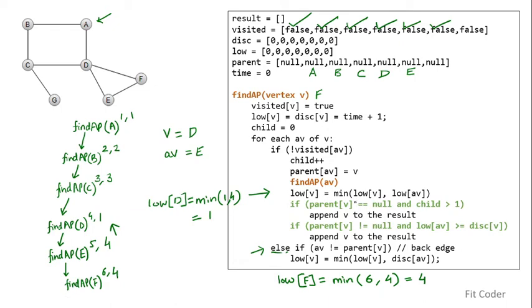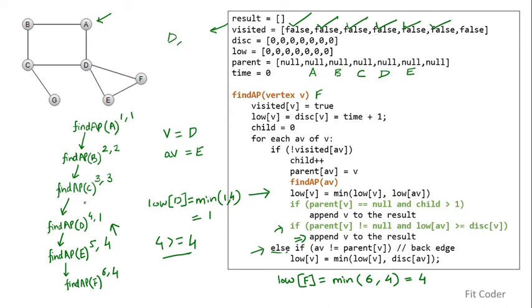Parent of D is also there, so we come in this if condition, and low of AV is greater than or equal to discovery time of V. Low of AV is 4, which is greater than or equal to discovery time of V, and V is also 4. So this condition is true, so we append V to the result. V is D, so we append D to the result.